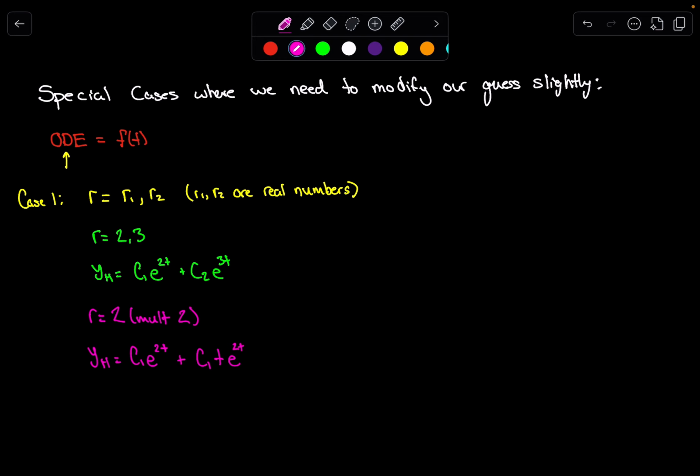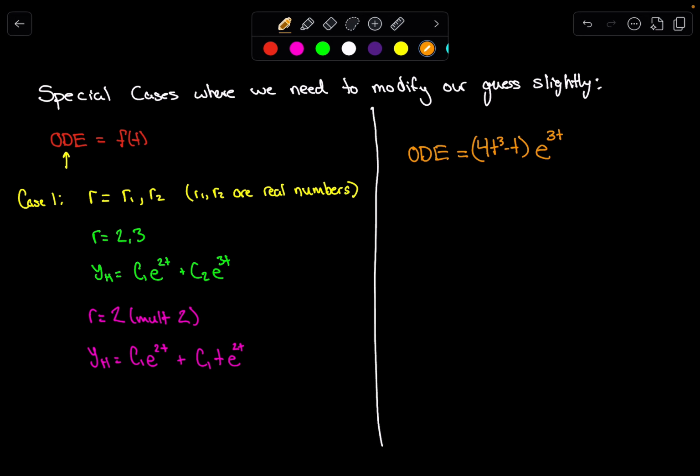There is a similar trend when it comes to making a guess for a particular solution that already looks like the homogeneous solution. So what do I mean? On the right side, let's make one. Let's say I have some ODE, and we'll use the green case as an example. Say our differential equation is equal to, let's make it interesting, 4t cubed minus t times e to the 3t.